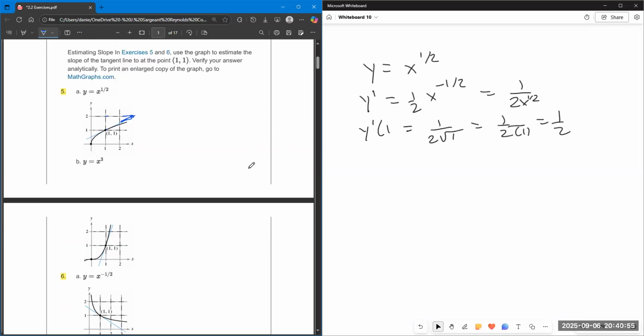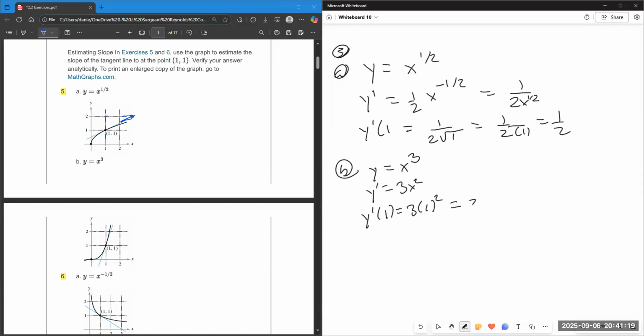Let's look now at 5B. y equals x cubed and we know y prime will be 3x squared. So y prime at 1 is 3 times 1 squared, which is 3 times 1, which is 3. And let's take a look at this.